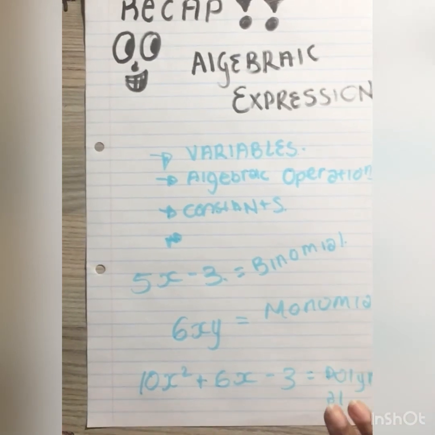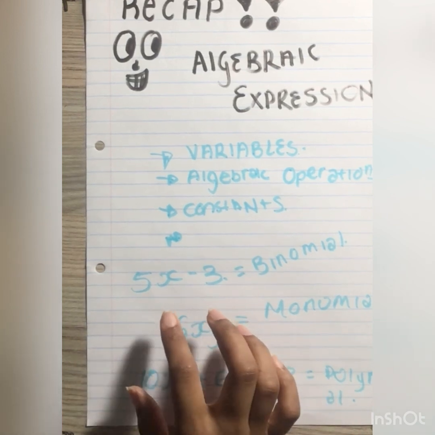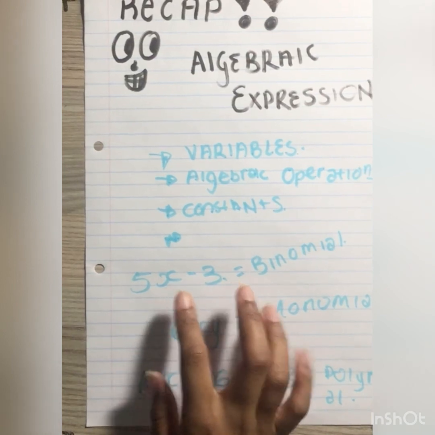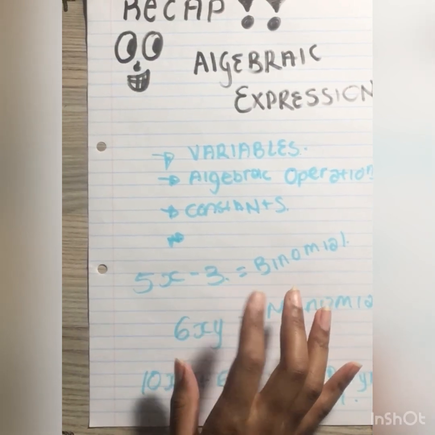A binomial consists of two terms. A monomial consists of one term. A polynomial consists of more than one non-negative integral expressions, okay? And when we look further, we can see that this is the coefficient, this is the variable, and this is the constant, okay?